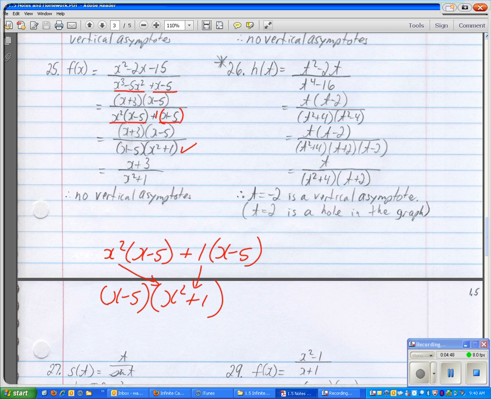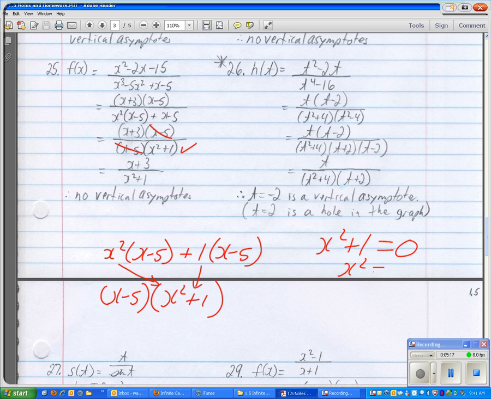You follow me? Sometimes you just forget some techniques. Now we can divide out the x minus 5s, and get x plus 3 over x squared plus 1. So there will be vertical asymptotes wherever x squared plus 1 equals 0. And x squared plus 1 never equals 0. How come? That's right.